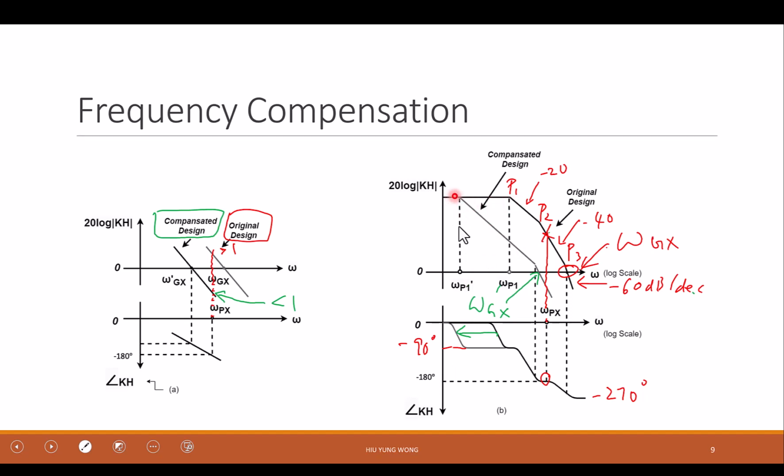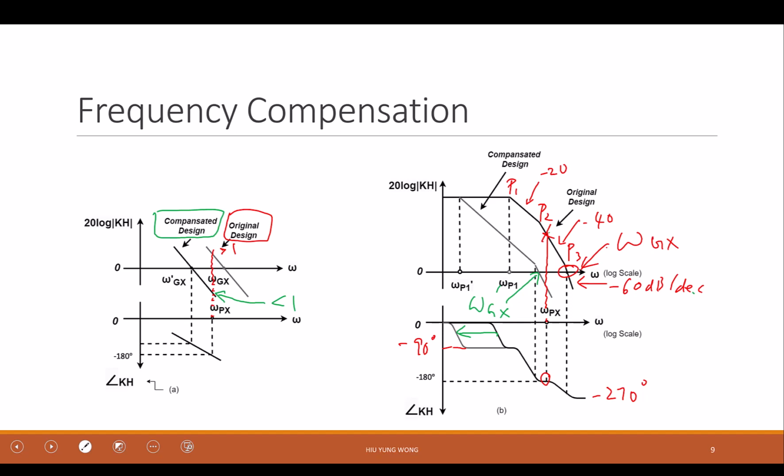I move this to the left, so I move the gain to be smaller. The gain crossover frequency is to the left. Yes, I do move the phase change to the left, but it only affects the negative 90 part. The negative 180 part is due to the second pole, so it doesn't change. And that is a way for us to avoid the oscillation. Any questions?